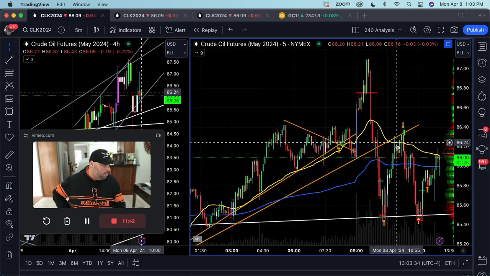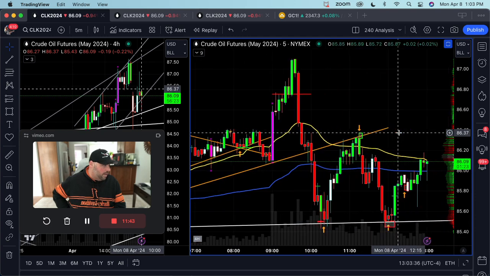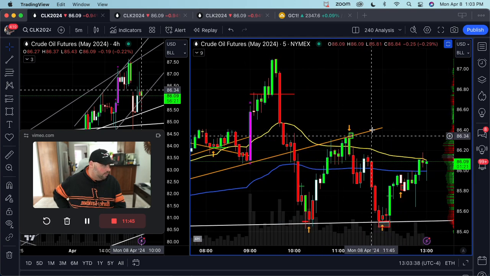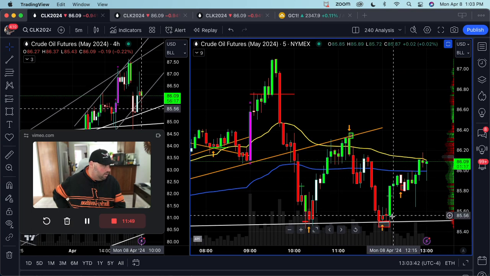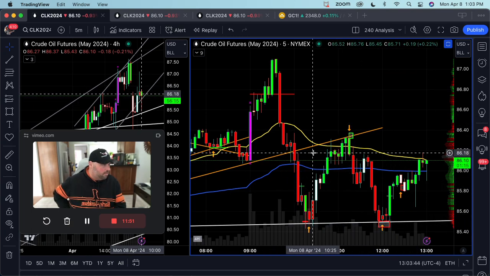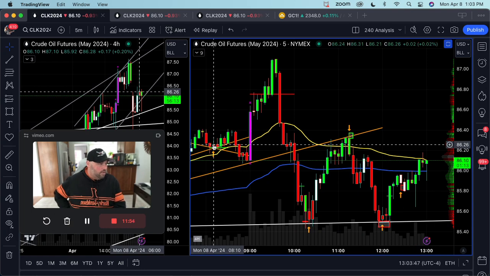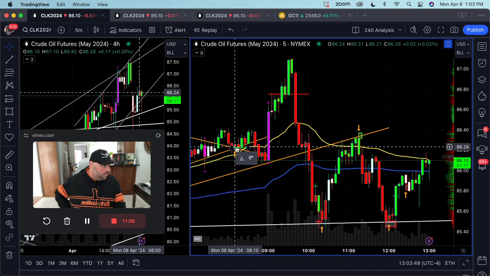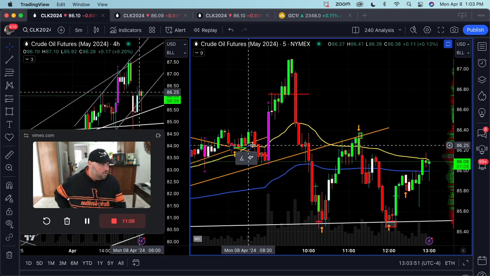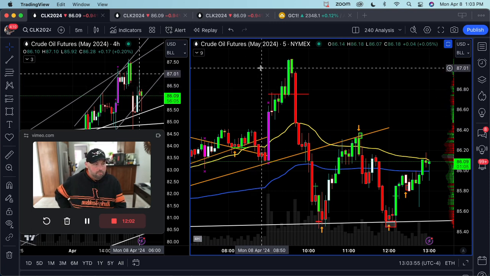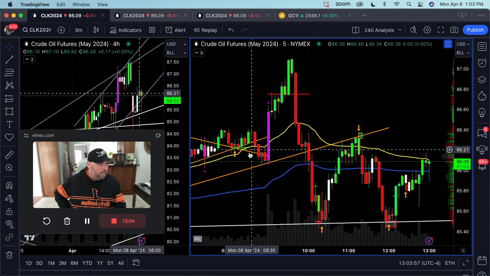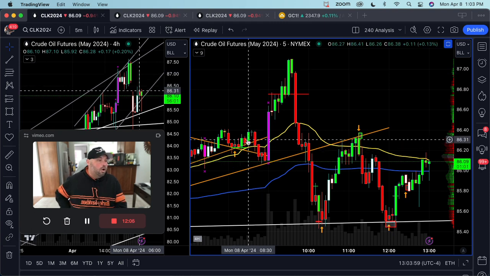This short right here was probably the best setup of the day, or one of these two longs from the low down here. I took this one hoping at the convergence of trend lines that this was going to hold and we were going to pop towards 87 bucks. But it didn't happen. It doesn't always go as planned.